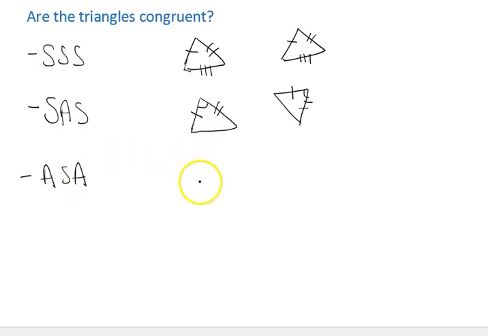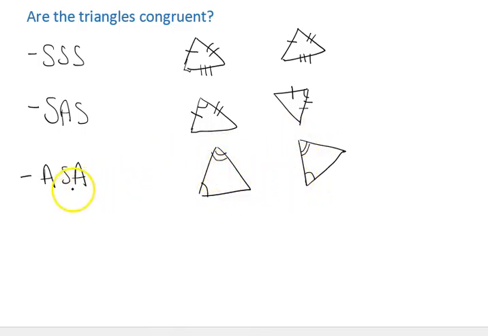A third way to tell if they're congruent is angle, side, angle. So I'm going to draw us some more triangles here. And in this case, you'll notice the side is between the angles. So in a triangle, you might have 2 angles marked, and in another triangle that's near that, you will have 2 angles marked, and they'll have the same marks.